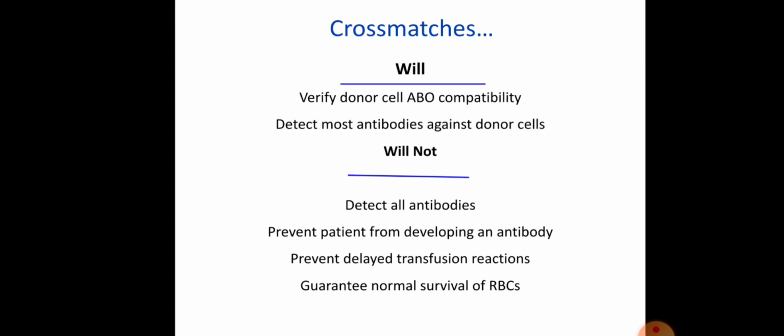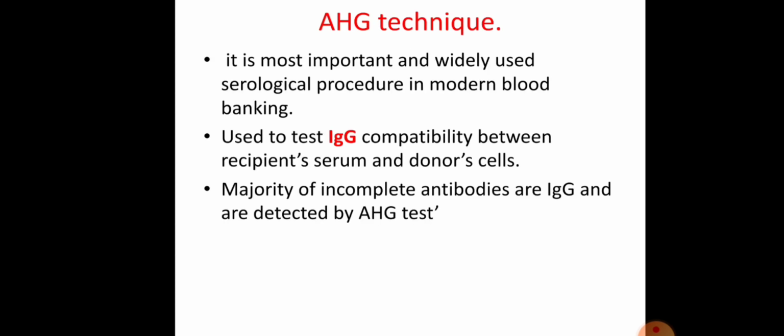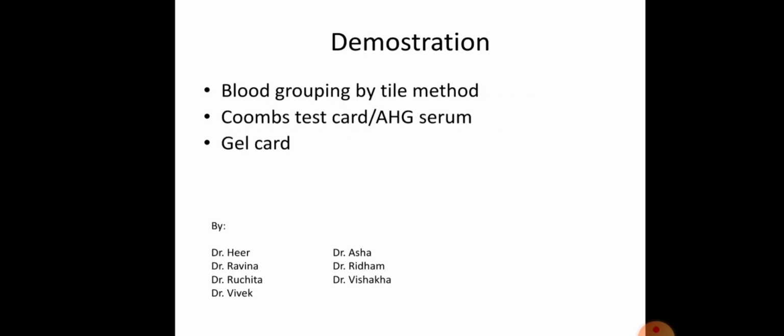That's why even after some period of time they can have a hemolytic picture, and there is no guarantee of normal survival of the RBC. Normally, as I told, they will use the AHT, which is the most important and widely used because it is the safest one.